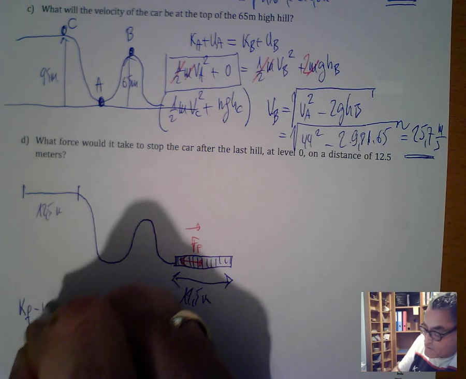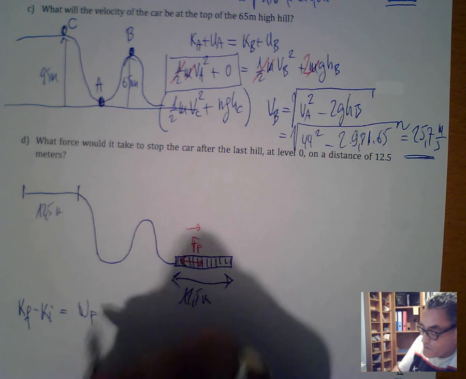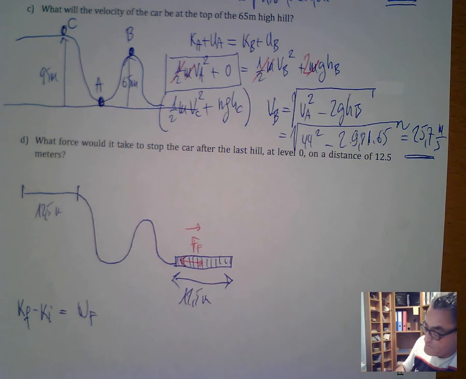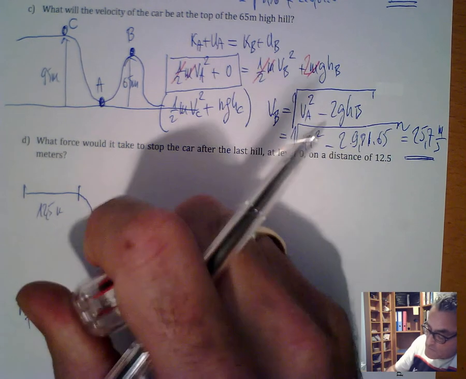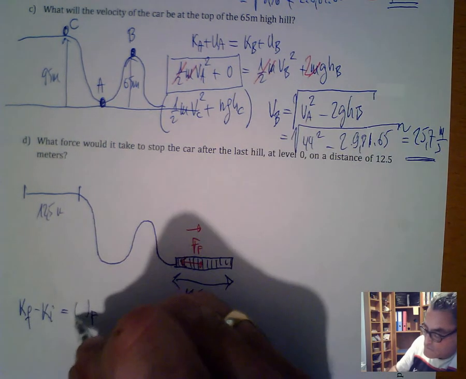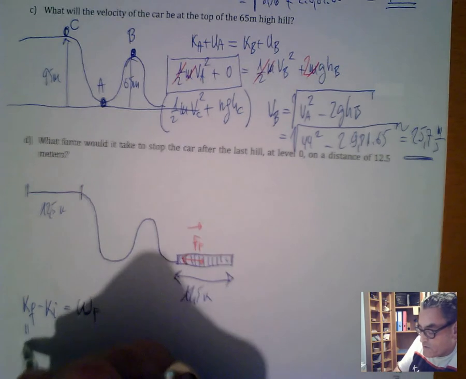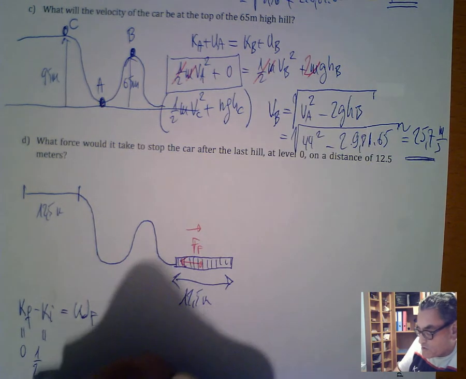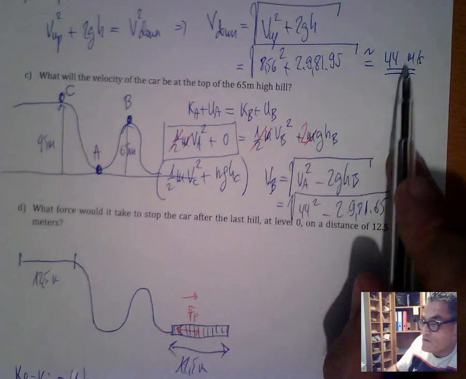K final minus K initial is equal to the work of the friction force, right? As usual. The K final is 0. The K initial is 1/2 m times which velocity? Well, we can take this one.